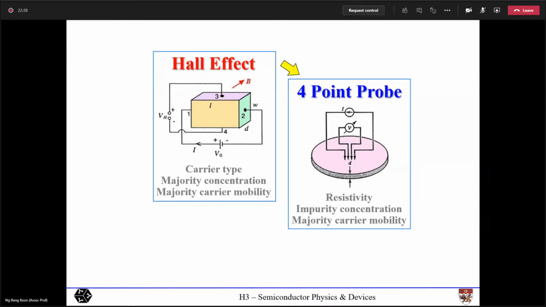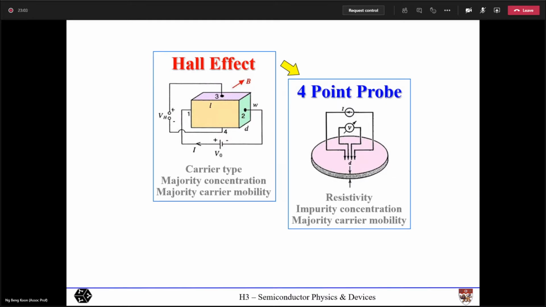Such a measurement allows us to determine the resistivity of the semiconductor, which in turn allows you to derive the impurity concentration or the majority carrier concentration. And from the measurement itself, we can also use the quantity that's measured to determine the carrier mobility in the semiconductor material.